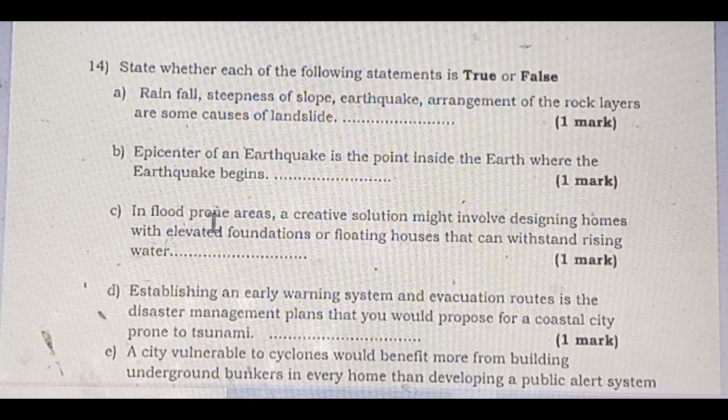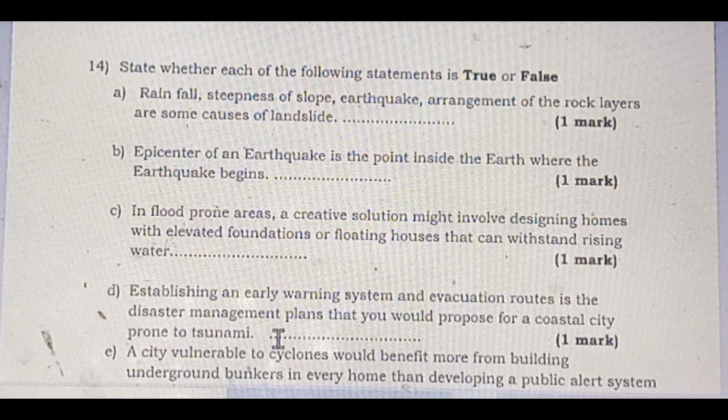C. In flood-prone areas, a creative solution might involve designing homes with elevated foundations or floating houses that can withstand rising water. The correct answer is true. D. Establishing an early warning system and evacuation routes in the disaster management plans that you would propose for a coastal city prone to tsunami.